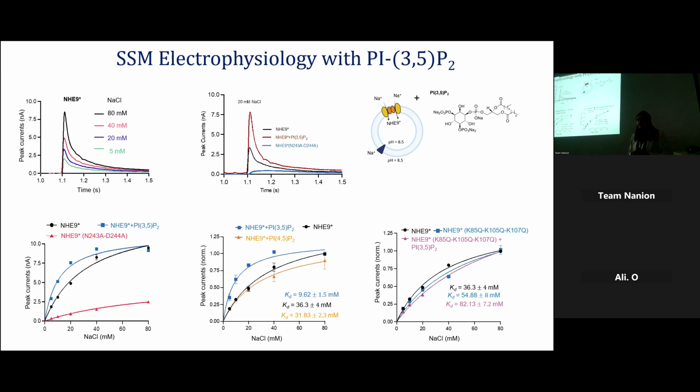Thank you. Another question? Thanks for the very impressive story and the nice structure. I have a question regarding this SSME assay. Do you know the proton to sodium stoichiometry of this NHE9 transporter? Because in E. coli, the sodium-proton antiporter NhaA exchanges two protons for one sodium.